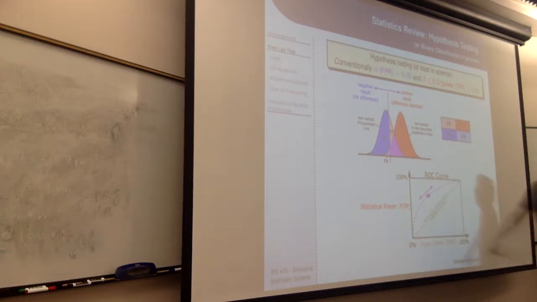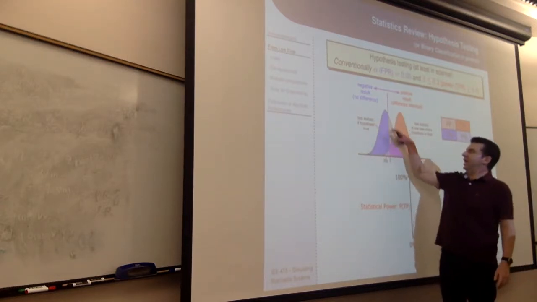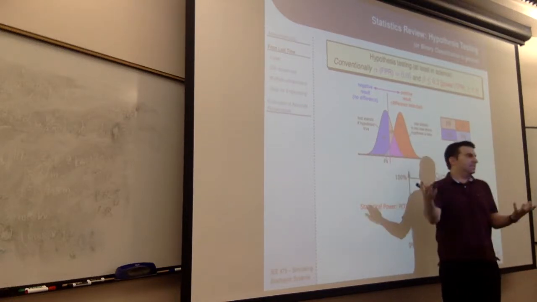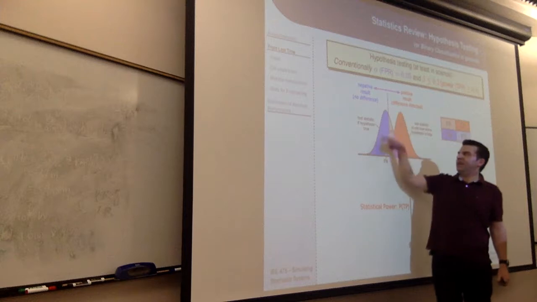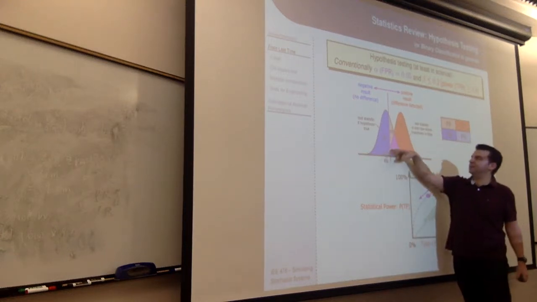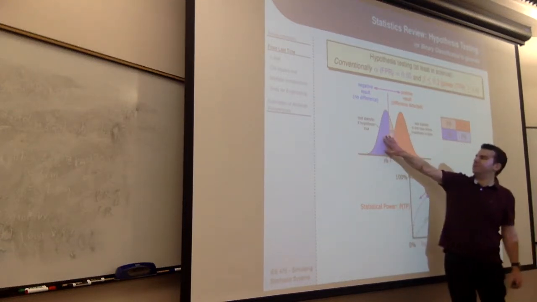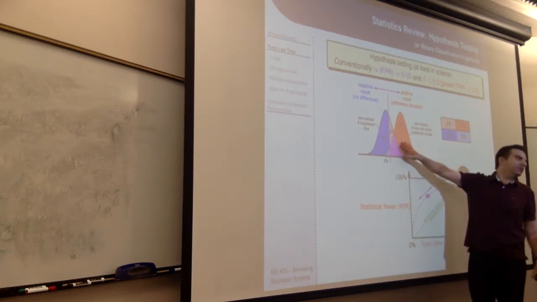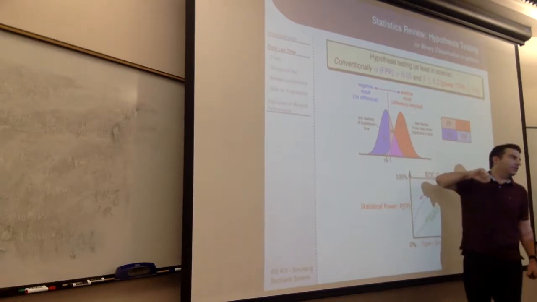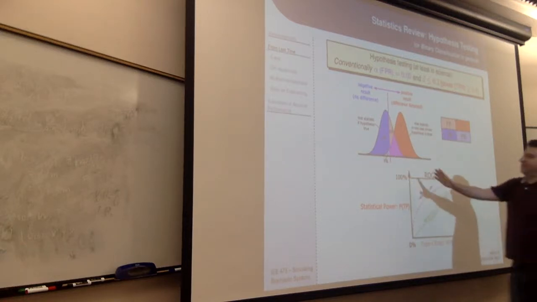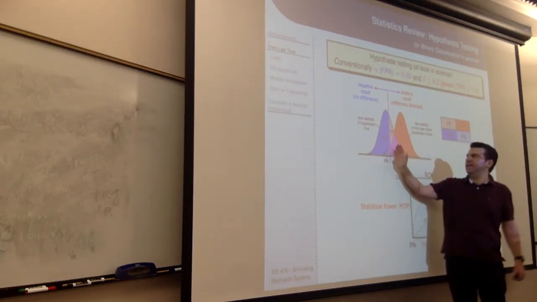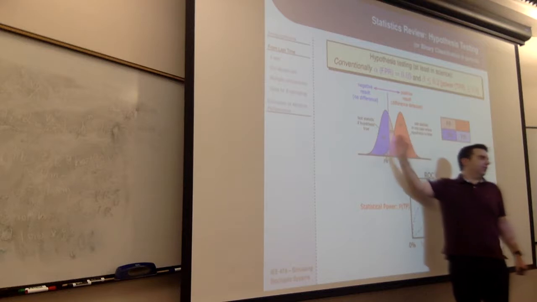We have our expected distribution of observations, and we have observations that either come from that distribution or come from another distribution. If we take multiple of those observations and average them together, then maybe they end up landing on one side of a threshold or another.